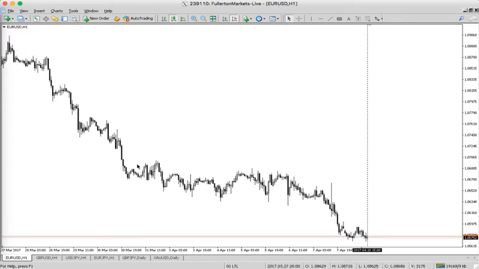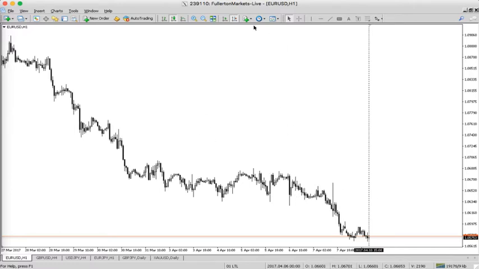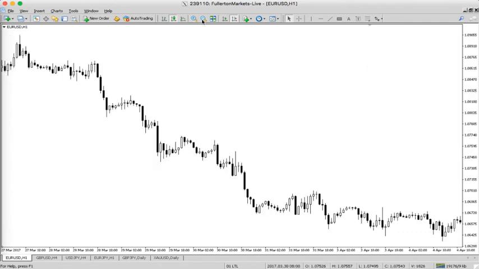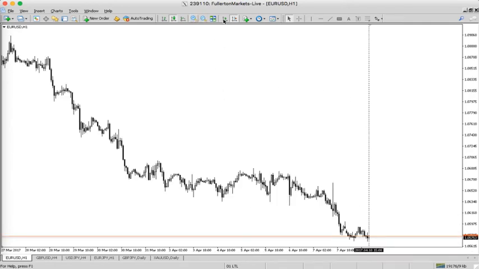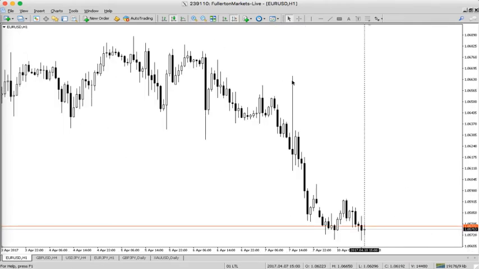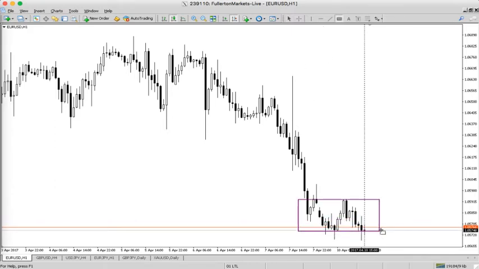So what you see over here, Euro dollar is in a very strong downtrend, especially on an H1 chart. I'm going to zoom in so that it is easier for you to see. The market is consolidating for the last so-called 1 day or so. 1 day of trading, so it is from Friday until now. The consolidation is within this area over here.